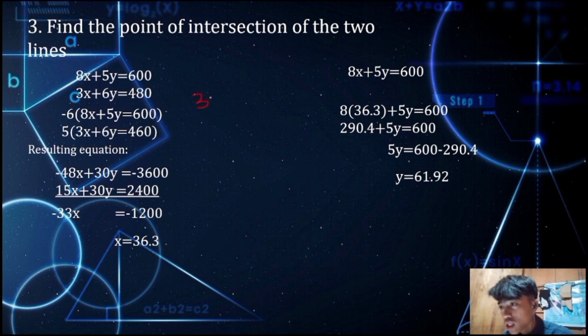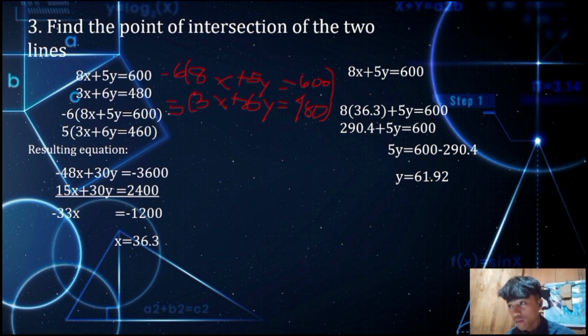3x plus 6y equals to 480. Ay, mali. Okay. So, 8x plus 5y equals to 600. Ito na yan. So, lalagyan lang natin dito ng parenthesis para matanggal yung y. So, negative 6 of 5.